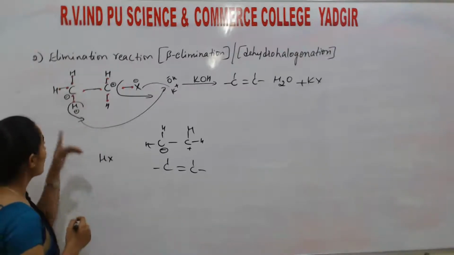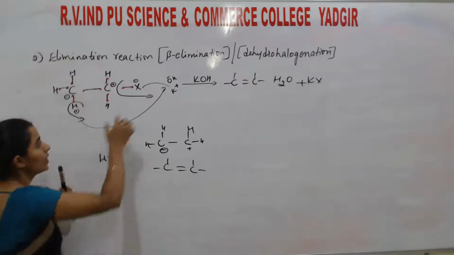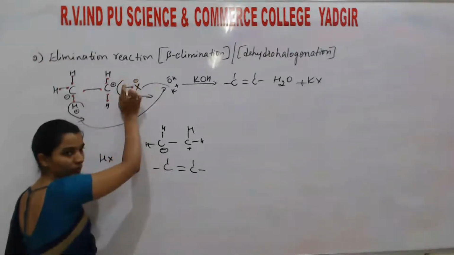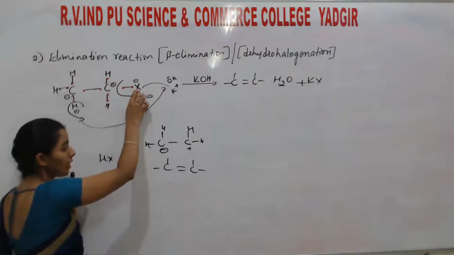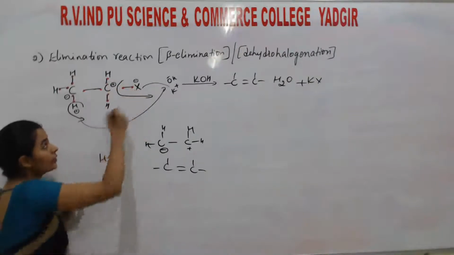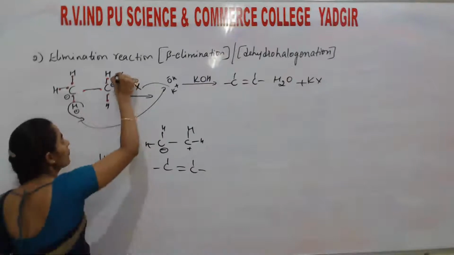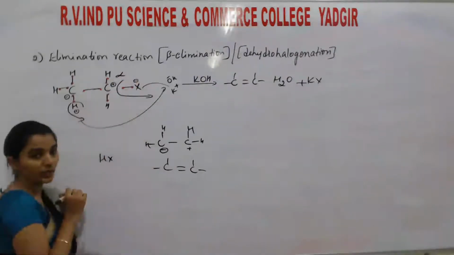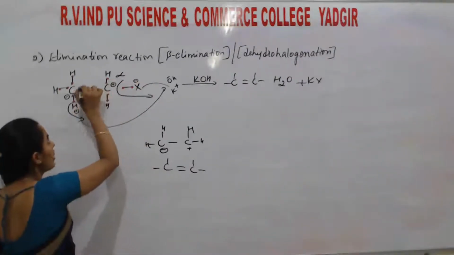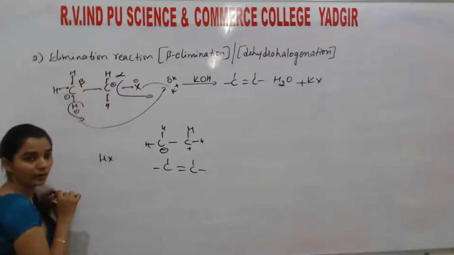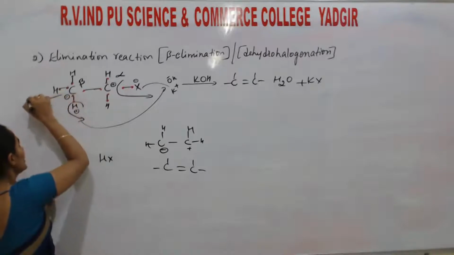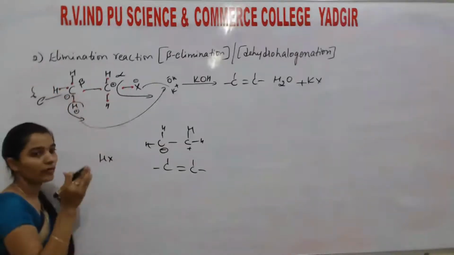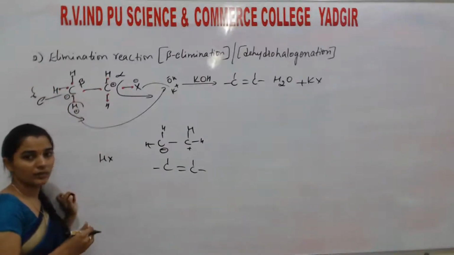You have to remember why it is called beta. So listen, this is a functional group. The carbon which is directly bonded to the functional group is the alpha carbon atom. The carbon attached to alpha is the beta carbon atom. The carbon attached to this beta carbon is the gamma carbon: alpha, beta, gamma, delta.